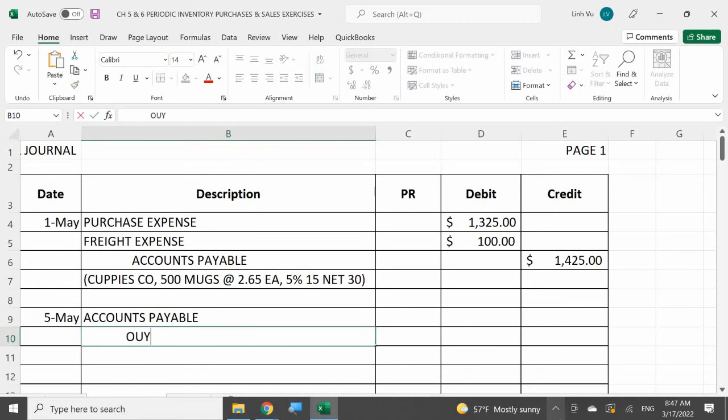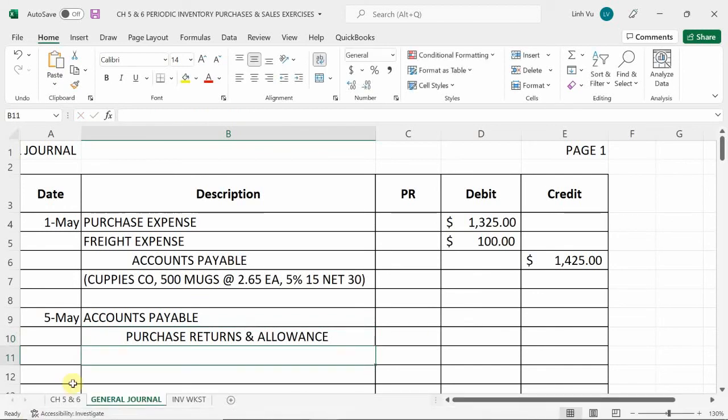And by doing so, we're also going to reduce the amount that I purchased with the purchase returns and allowance. I'm actually supposed to have a chart of accounts in here.